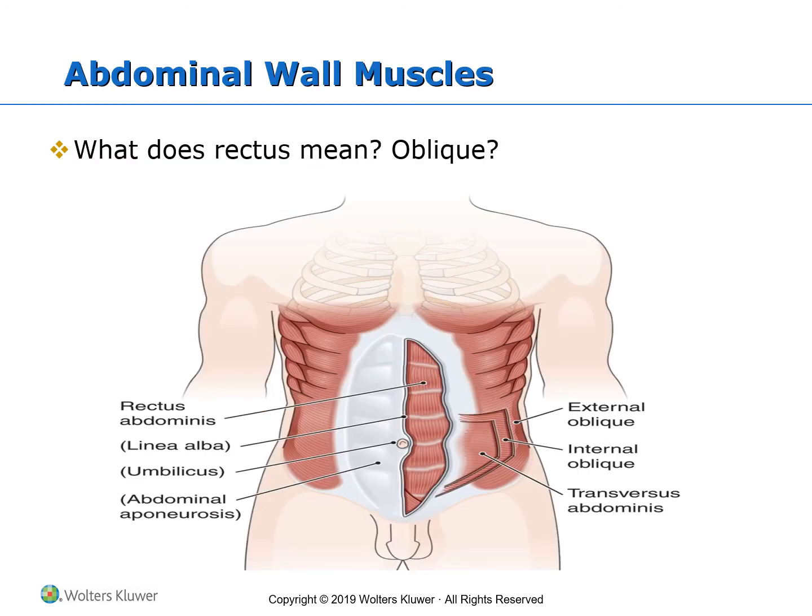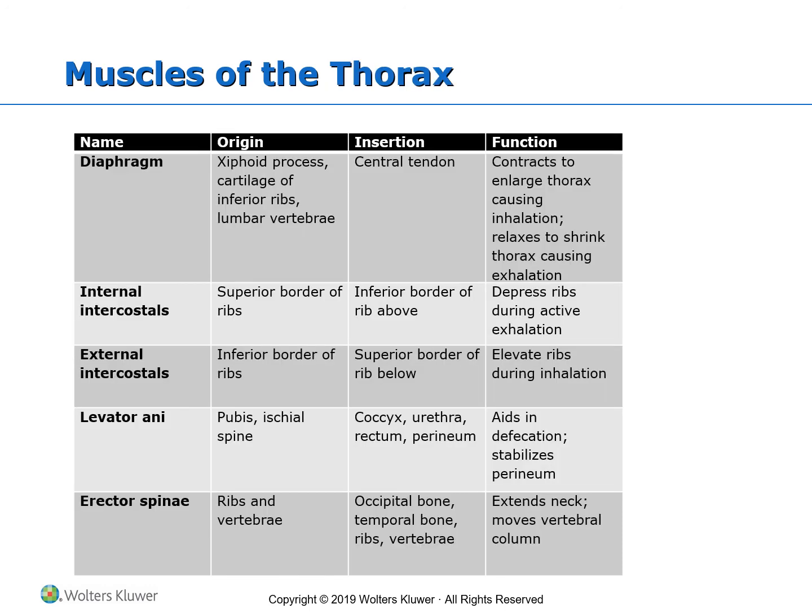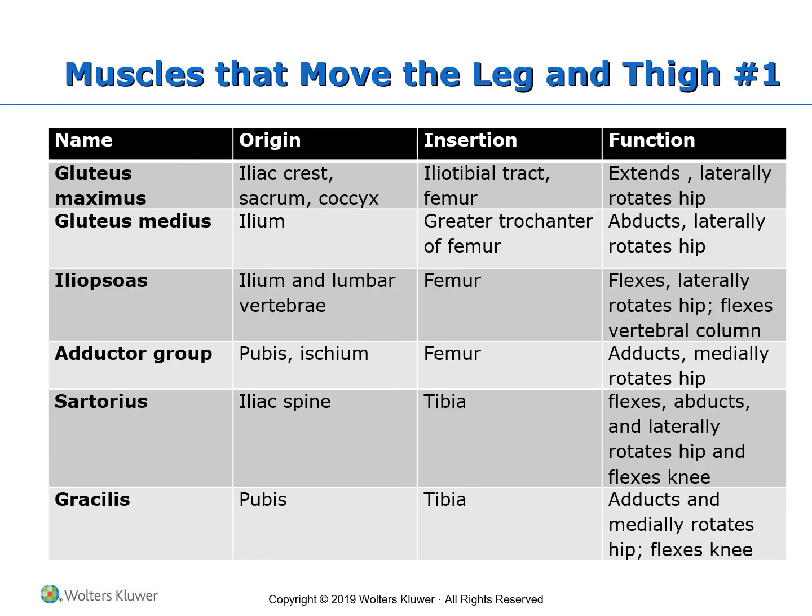Abdominal wall muscles. Muscle of the female perineum. Muscle of the thorax. Abdominal muscle. Muscle that moves the leg and thigh.